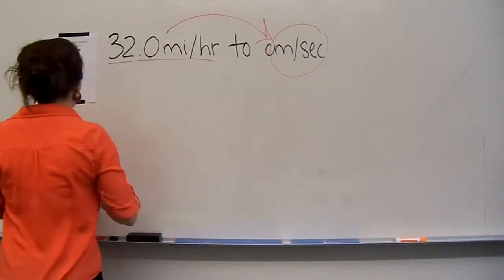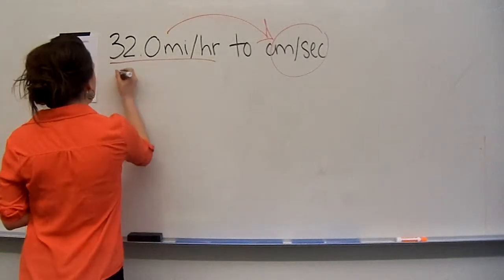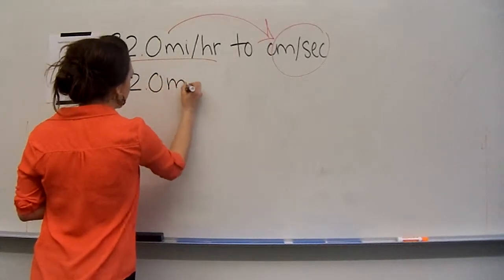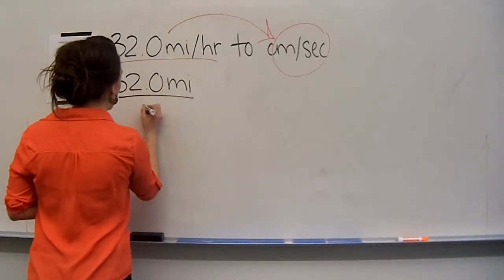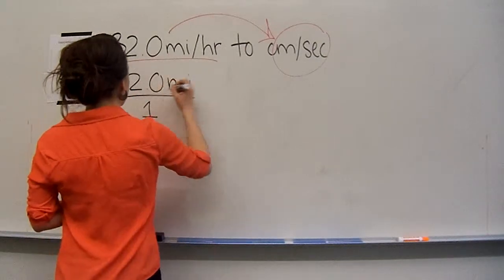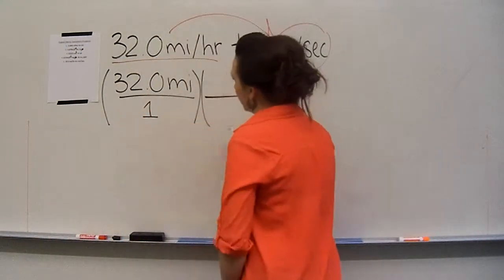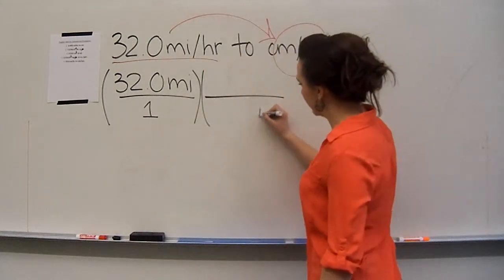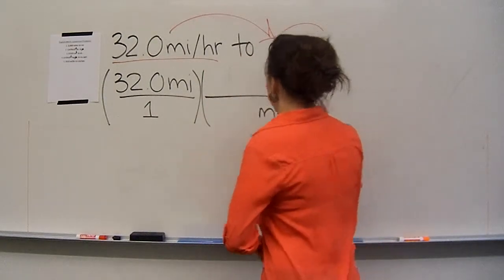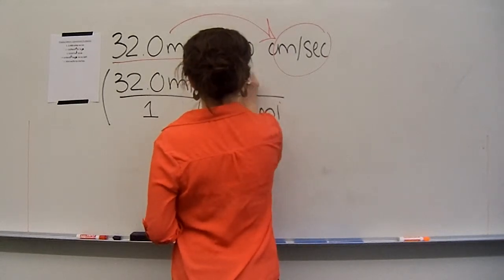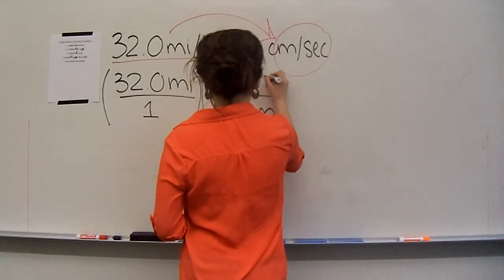So, the first portion of this problem, we will write 32 miles over 1. We need to match that diagonally. So we know that 1 mile is equal to 5,280 feet.